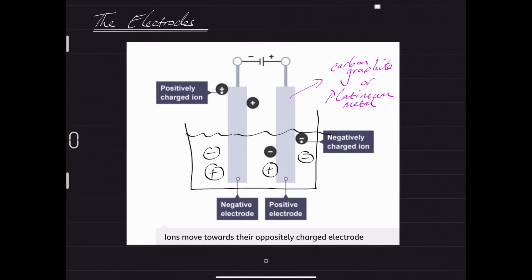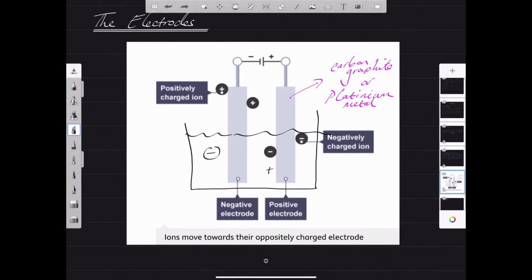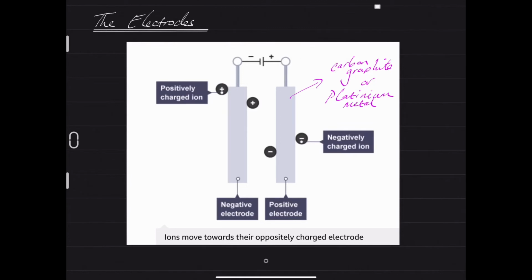But right now, we don't have a complete circuit. However, that is our goal, to have a complete circuit. If that is the case, the elements that make up the electrodes must be able to conduct electricity. Carbon graphite will conduct electricity, and platinum, being a metal, will also conduct electricity.